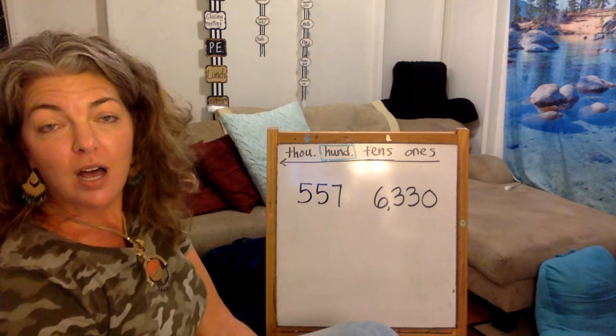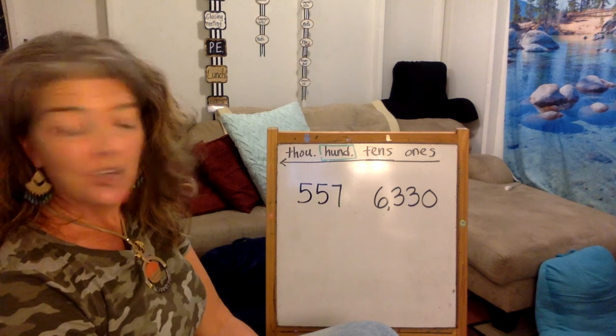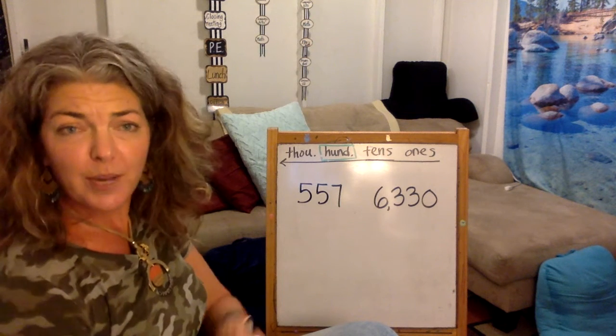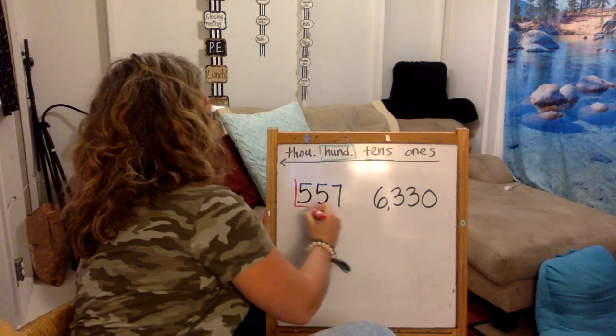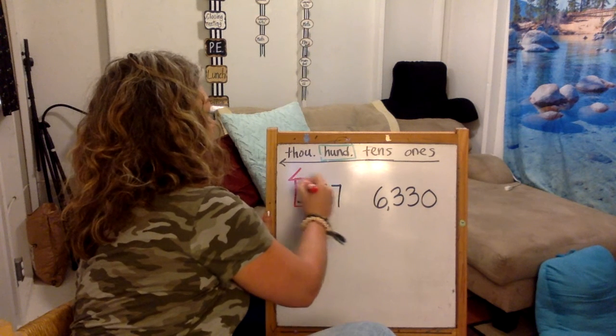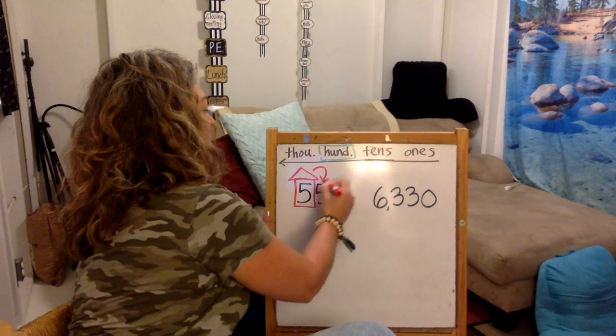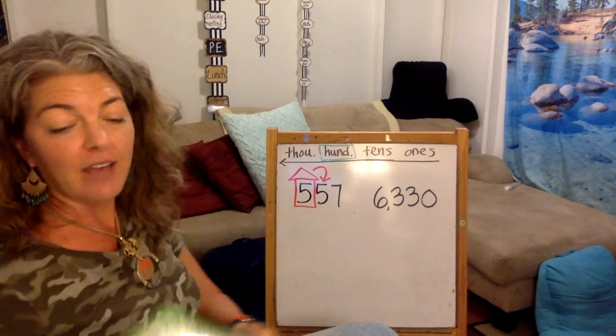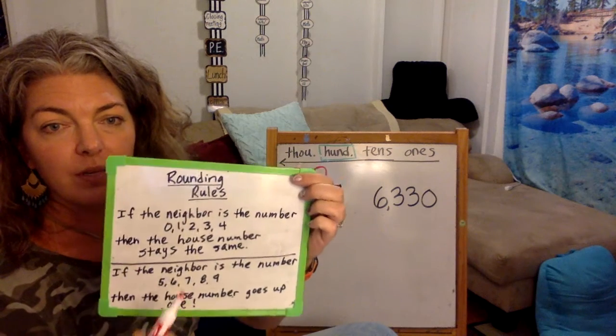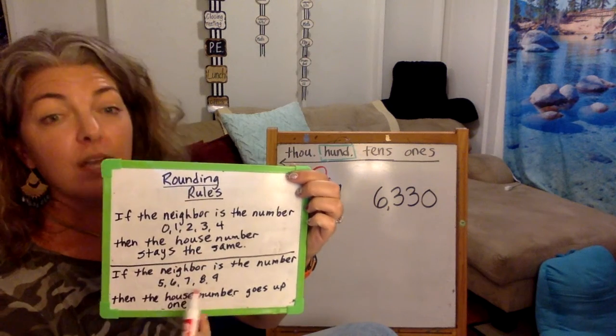All right, you are unpaused. That means you have the answers on your paper. We are rounding to the hundreds. I'm going to put my hundreds in a house and go and check in with the neighbor. The neighbor is a number 5. Let me look on my rules. The neighbor's a 5.